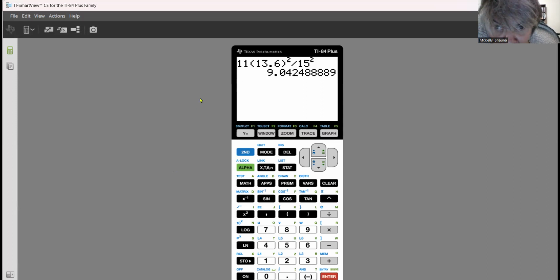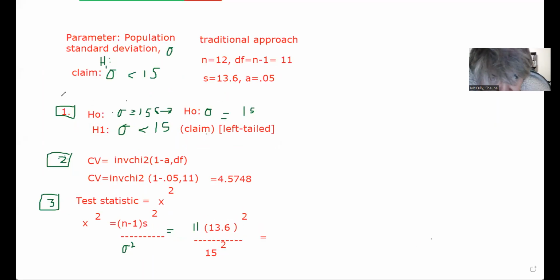So I'm going to go ahead and record that here. This is 9.0425. That's my chi-squared.